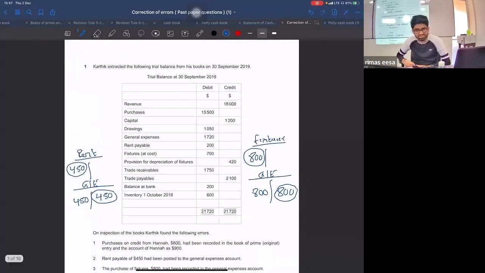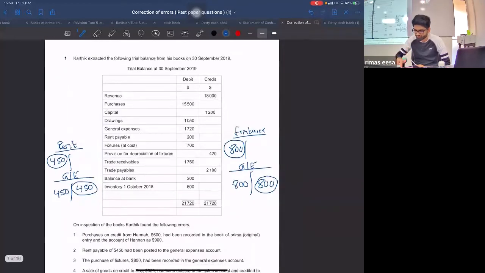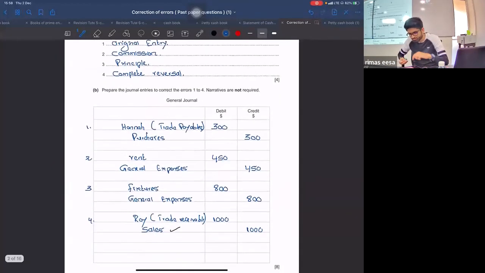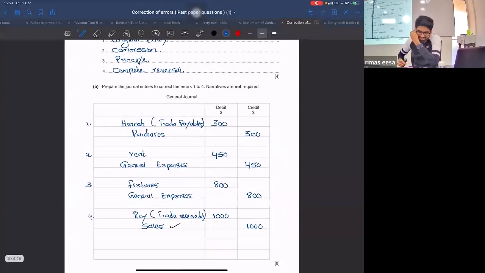Can you look at purchases? How much is given for purchases? 15,500. On which side have they given? Debit side. Remember that. Now your bit of maths is required. Look at the journal. Did you make any adjustment to the purchases figure? Yes. What are you doing? Crediting 300.